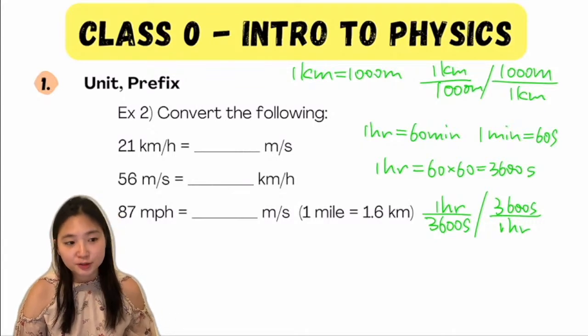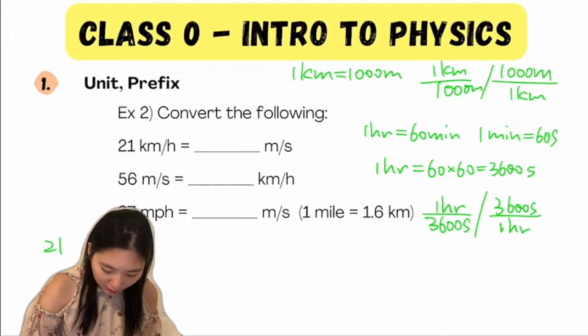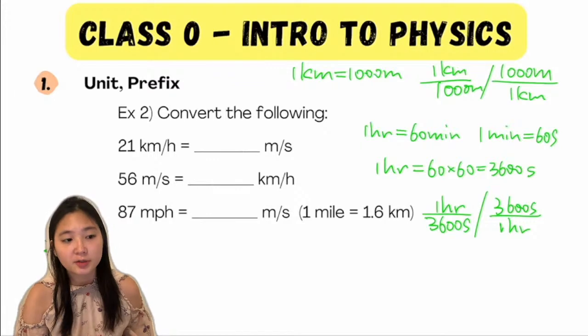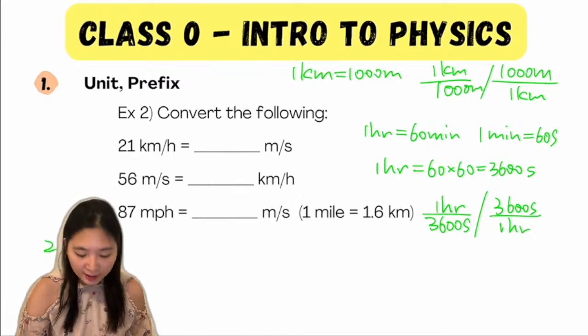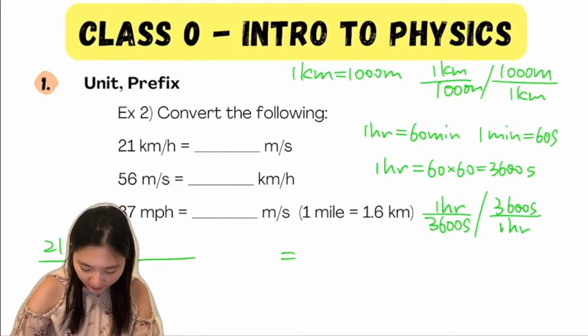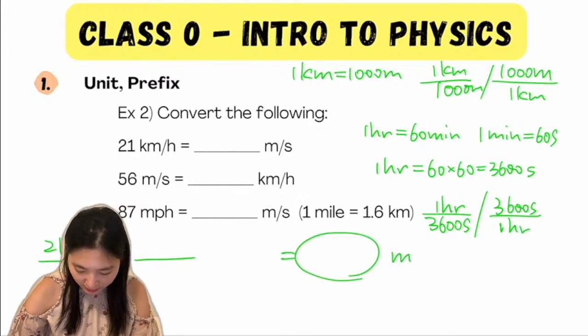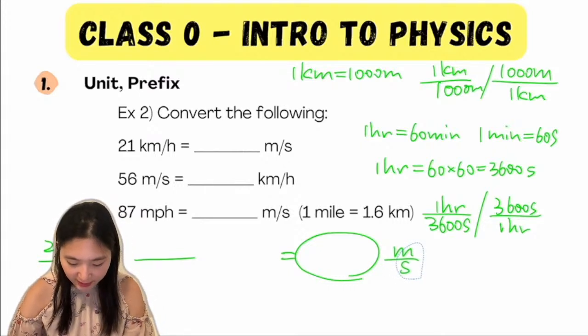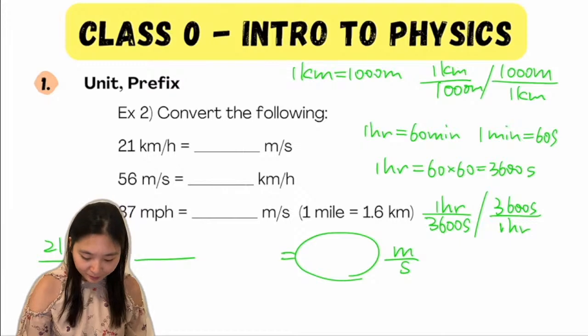Okay, now I'm going to do the unit conversion. For 21 kilometers per hour, instead of kilometer slash h, I'm going to write it as 21 kilometers divided by 1 hour, because that's basically the same. Then I have to multiply it by some unit conversion factor to get meters per second, which is the preferred unit that I want.